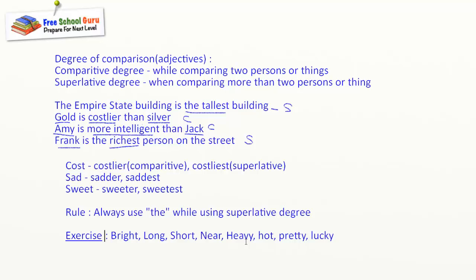Okay, another thing that I thought I should let you know is there are certain words with which generally you cannot use er and iest. Like for example, for cost we added ier, and then for superlative we said iest. There are certain words with which you use more and most.